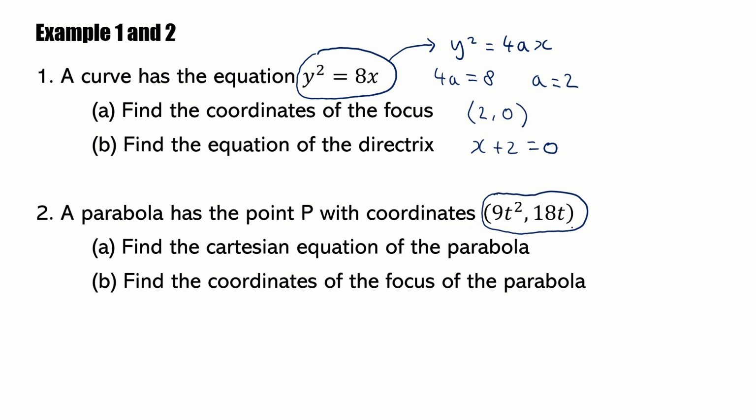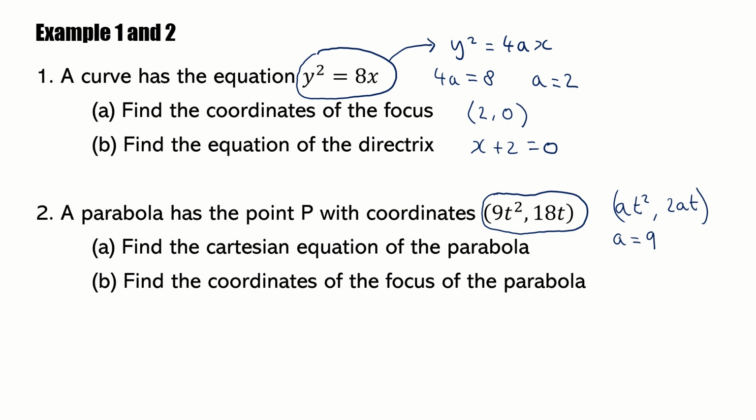So these coordinates are actually parametric equations, and they do link up with the generic parametric equations we're given for parabolas in general, which is (at squared, 2at). So if we compare our coordinates to the generic structure for the coordinates, we can see that the value of a in this case must be 9.